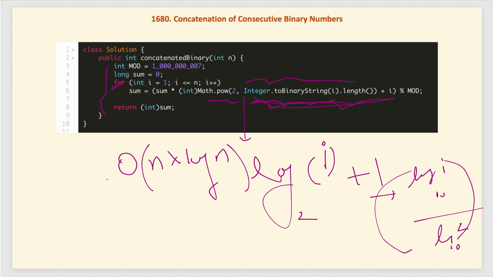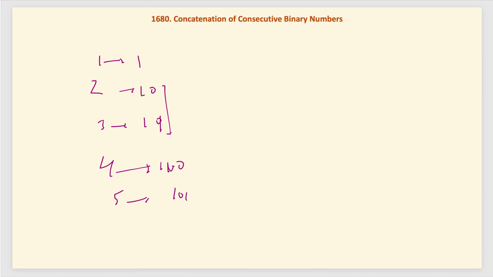Can we further optimize it? Let's see how. Every time we write the binary representation, 1 is 1, 2 is 1 0, 3 is 1 1, 4 is 1 0 0, 5 is 1 0 1. So if you see, the length of 2 and 3 is the same, 2, and the length of 1 is 1, and 0 is 0.